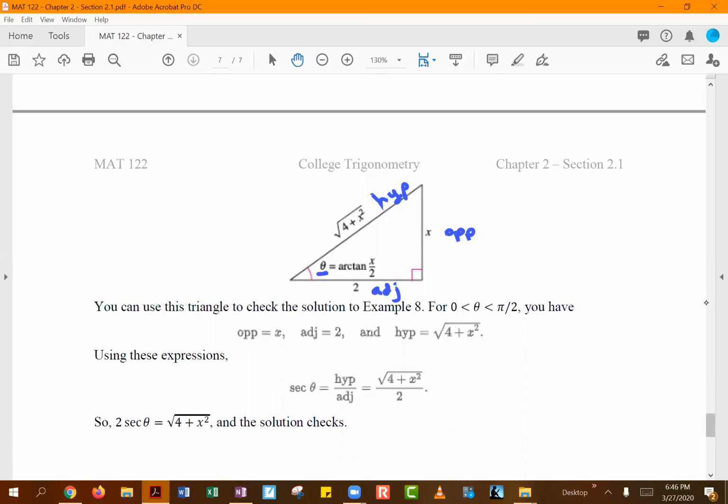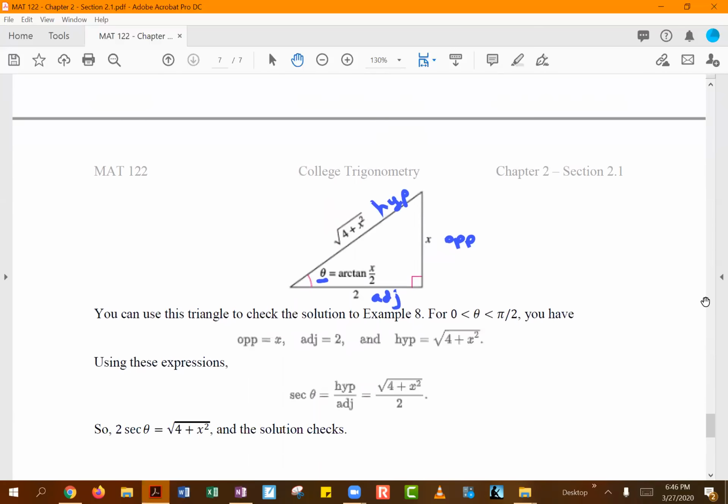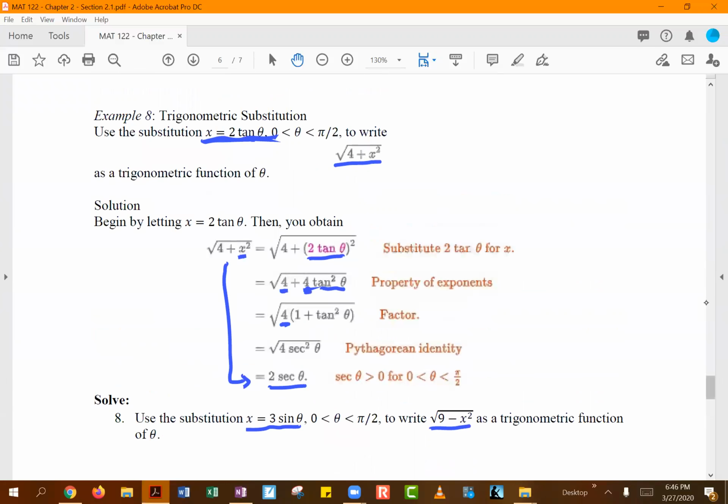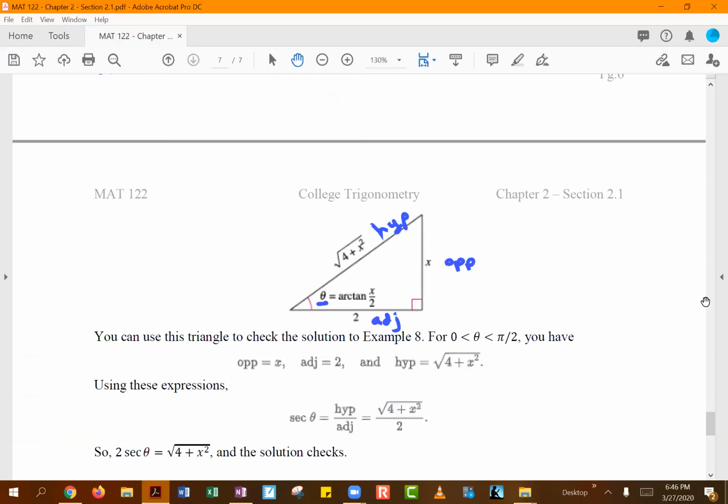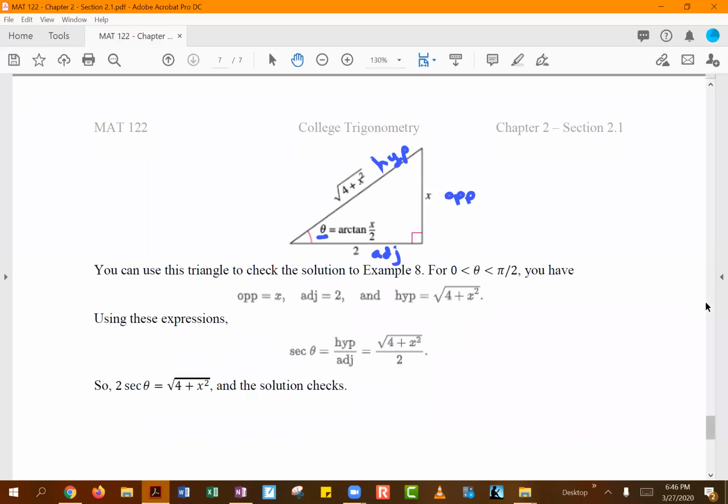Adjacent side is 2. And if you actually go back to the results that we got here in example 8, you will notice that your answers match. So right now we have secant of theta equals square root of 4 plus x squared over 2.